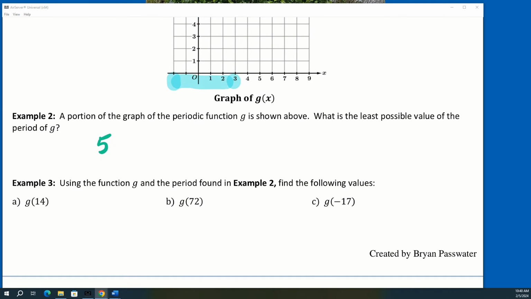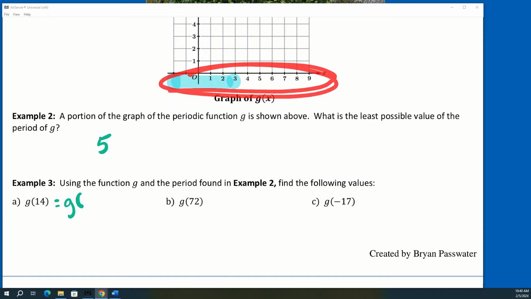So I want to take a number that you can see on this number line and add multiples of 5 to it, because 5 is the period, to be able to get 14.